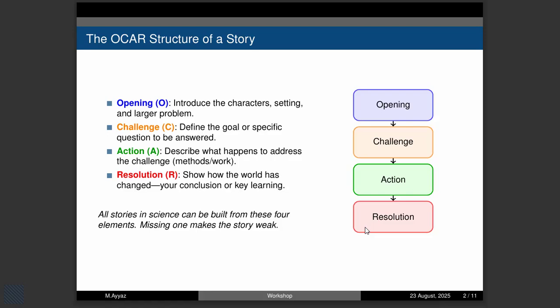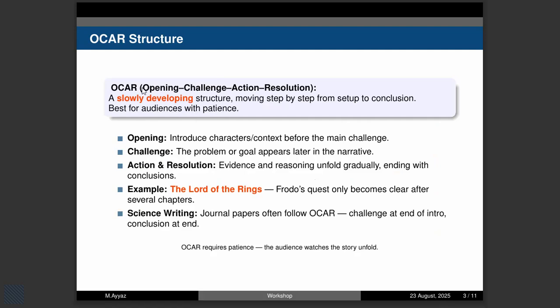And it depends upon which situation we are writing in: either a fiction work, or a scientific work, or a research proposal. So let's see the OCAR structure that we described in the previous slide.